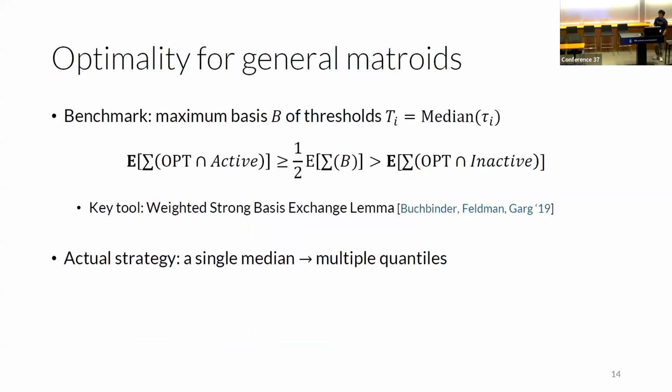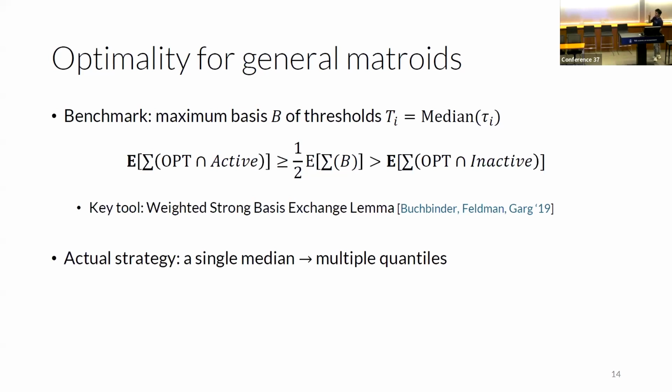So for general matroids, our proof uses a benchmark that is the maximum basis for all threshold values. And we argue that the contribution of active elements to opt is greater than this benchmark. However, the contribution of inactive elements to opt is smaller than it.